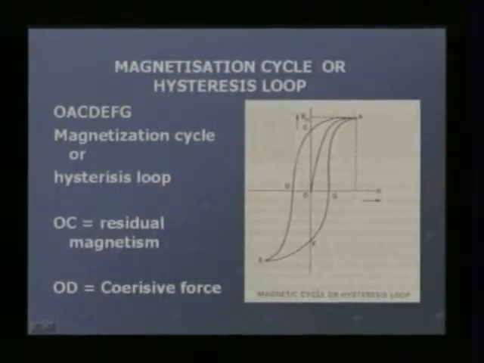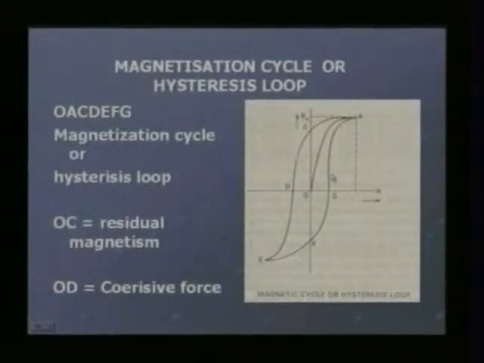Now, we will discuss what is a magnetization cycle or hysteresis loop of a given magnetic material. Let a magnetizing force H be applied to an unmagnetized bar of iron by a solenoid. Let it be increased from 0 to maximum value and then gradually reduced to 0.